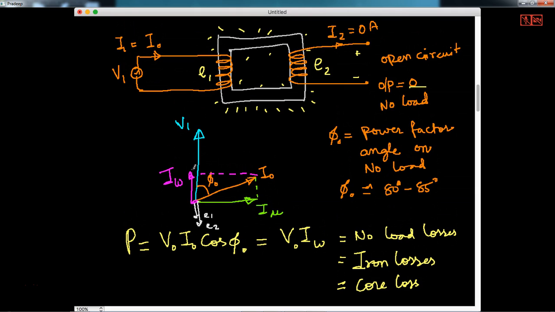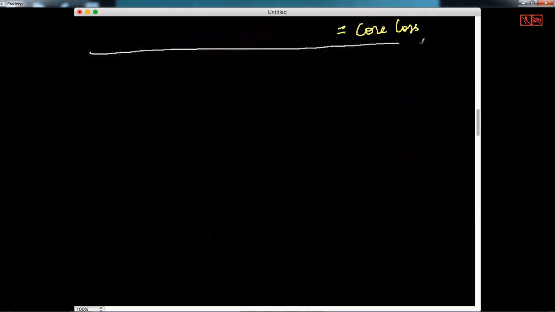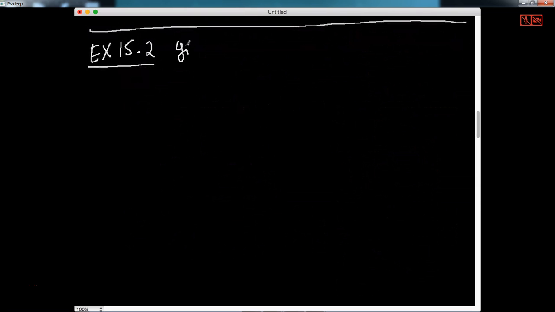Okay, if you don't have any doubts, let me give you an example problem. Let's call this example 15.2. What is the given data? A 2000/400 volt, single phase, 50 hertz transformer.